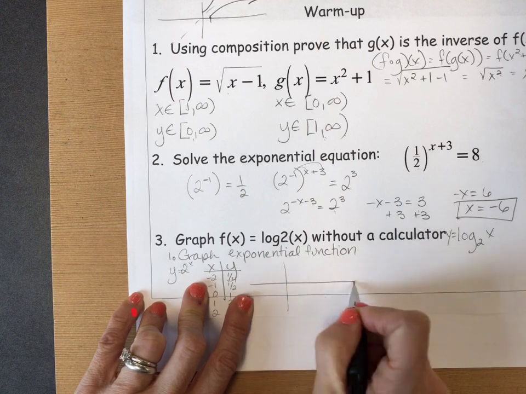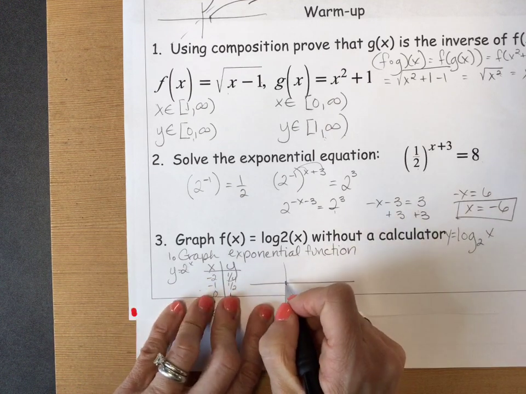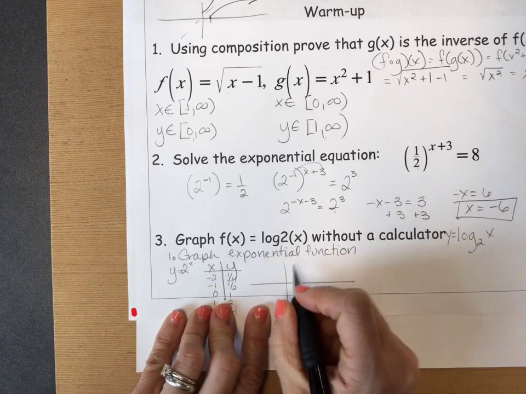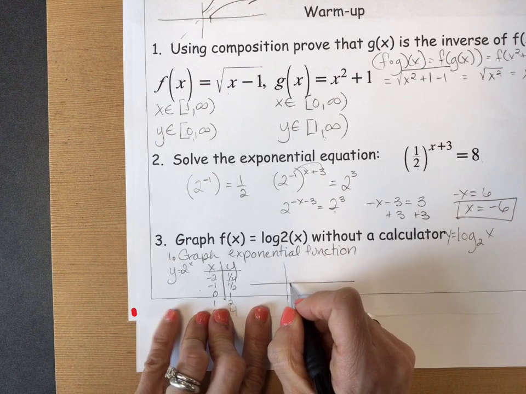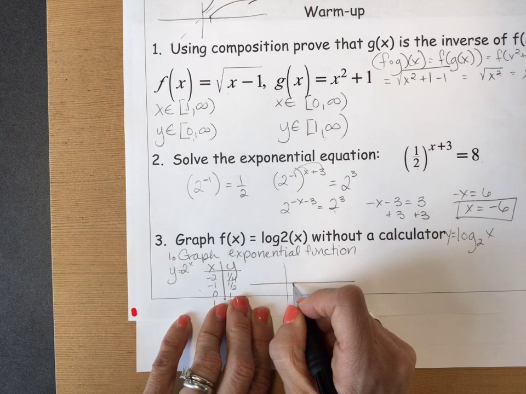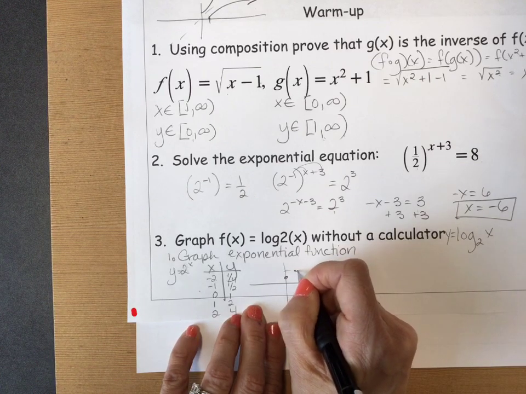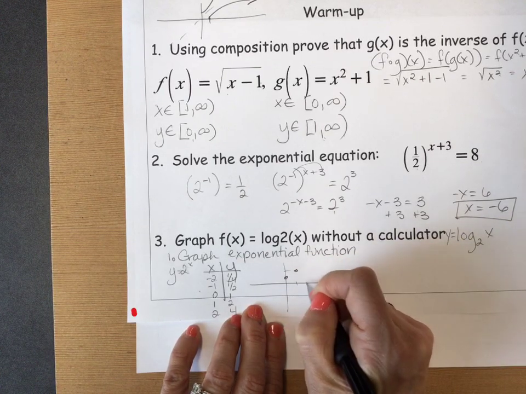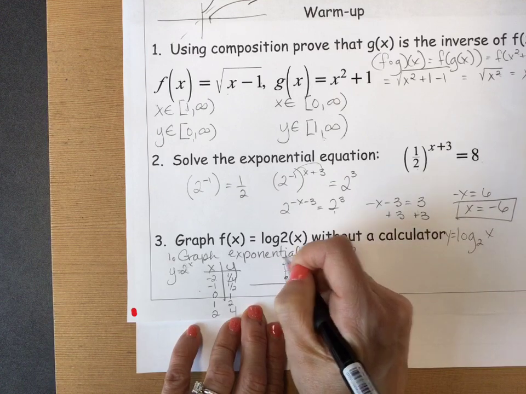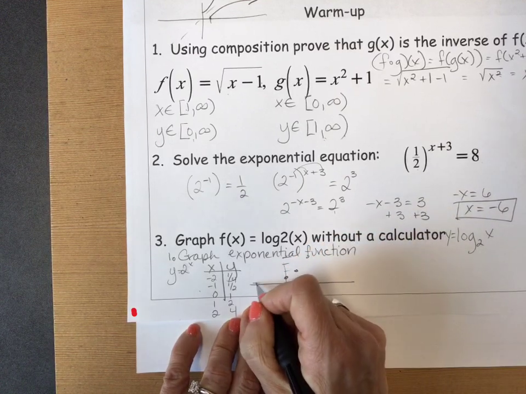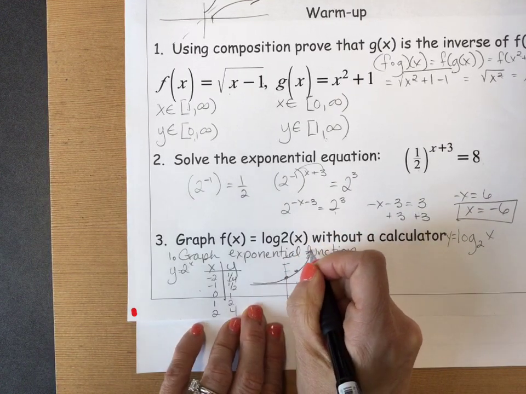I want to graph that. So the important points are 0 and 1, 1 and 2, 2 and 4. So here's my exponential function.